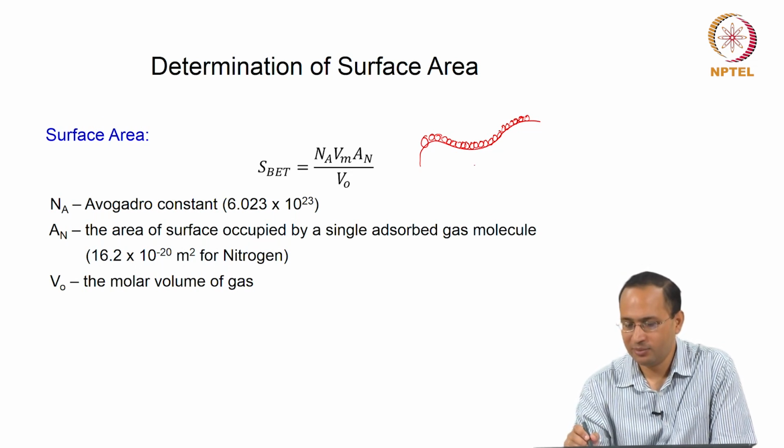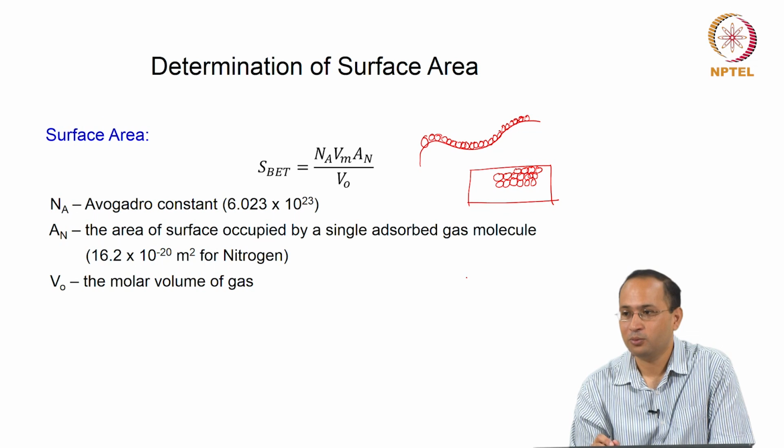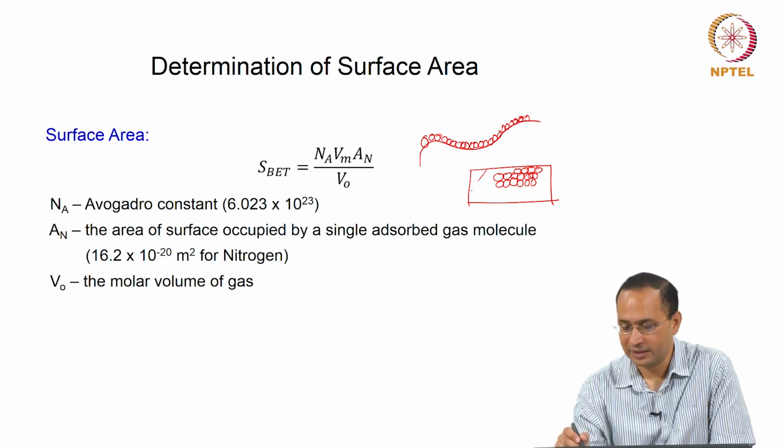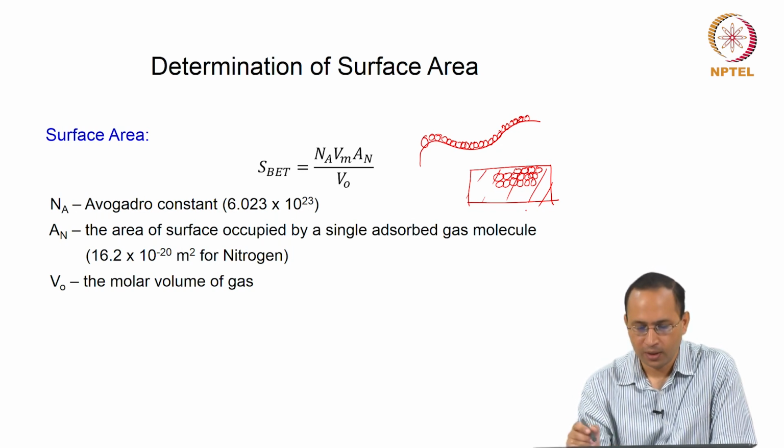If you look at the same thing in plan, you may have an idealized surface and you have these molecules, and you have only one layer. This we are looking from the top. So how can we calculate that to find surface area? This layer is on the surface, it is adsorbed on the surface.